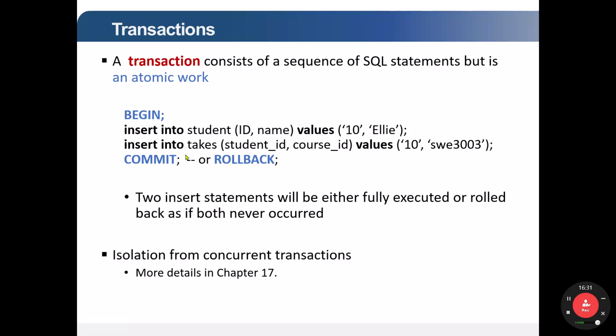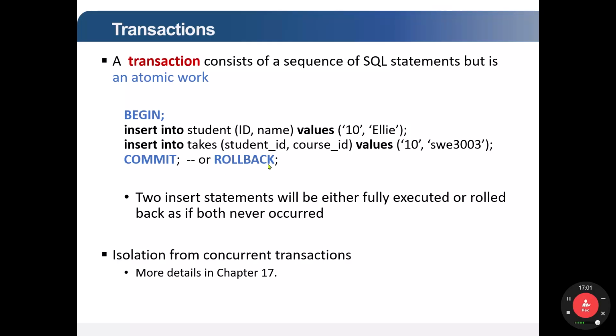And although we haven't learned it yet, we can put some conditional statement inside this begin and commit. And while you are running some insert statement, you may find that a certain condition is not satisfied, so you may decide to cancel all the operations. Then instead of commit, you should put a rollback.